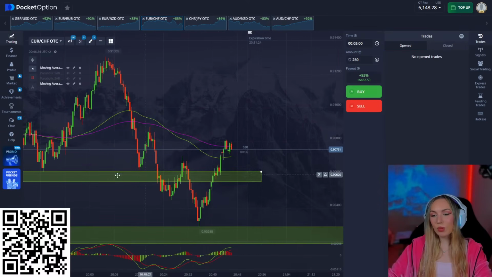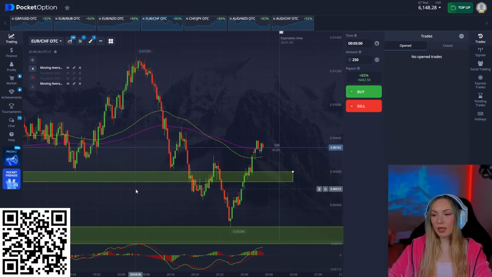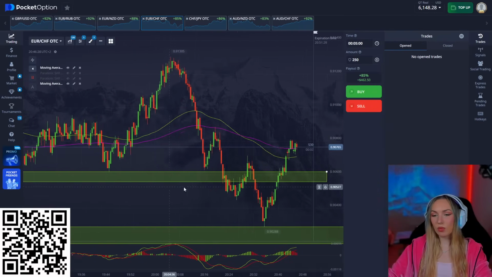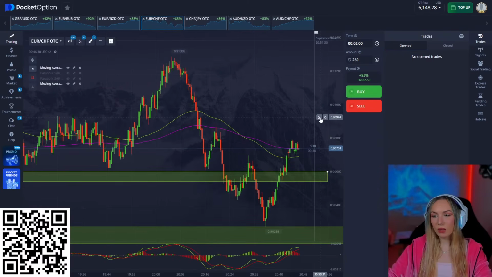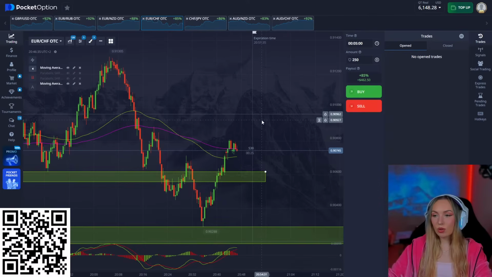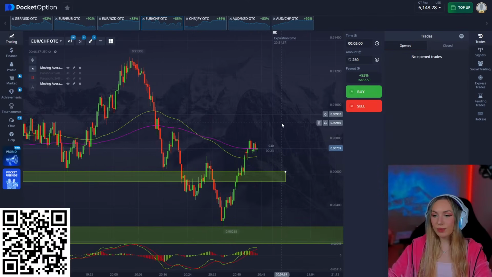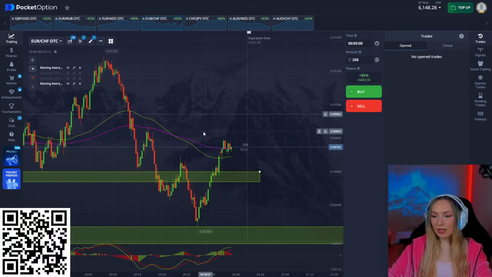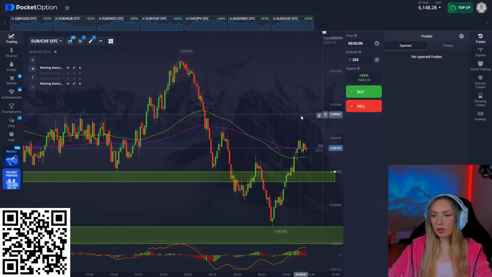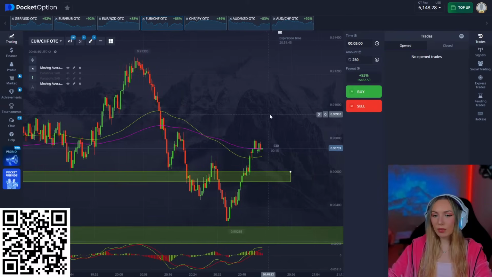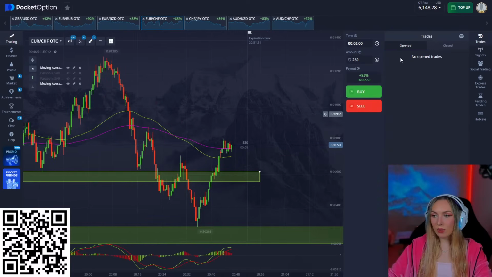The support levels are showing me that I need to open the trade in the upward direction, really. But my indicators are saying probably not. It can go down, but I don't actually believe that it will. I believe more in my support and resistance levels than my indicators. So to tell the truth, I believe that it will go upward.